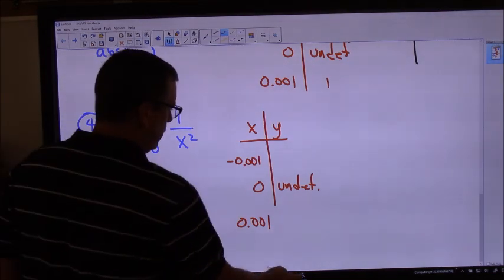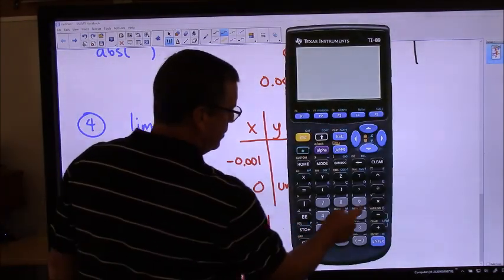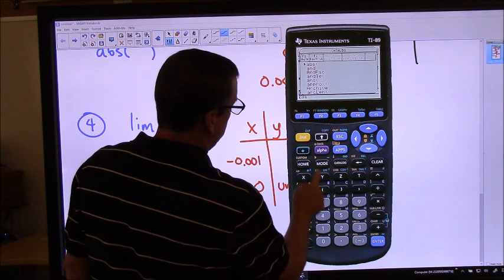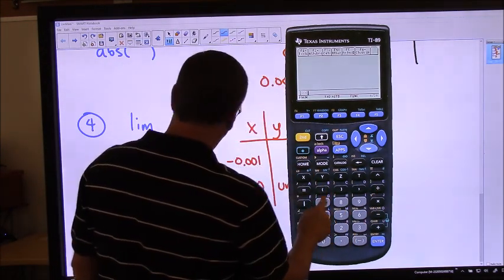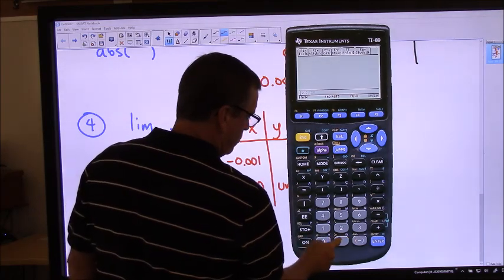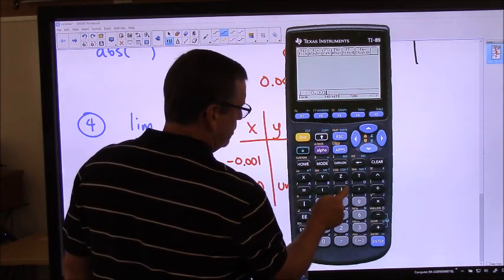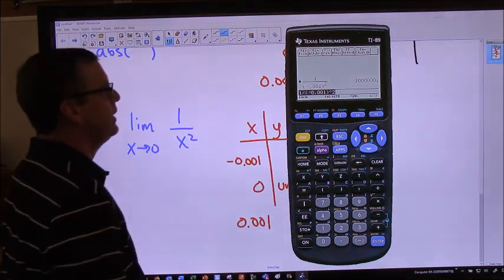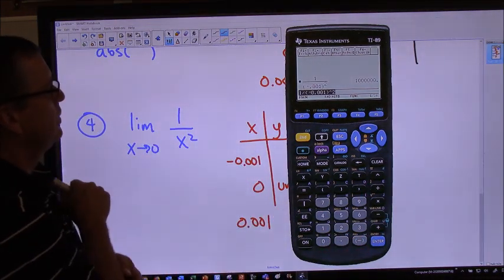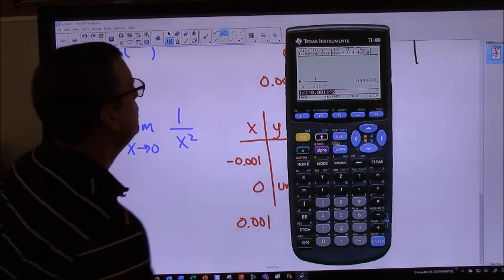So on my calculator, I want to do 1 divided by, in parentheses, a negative 0.001 squared. And I get a number like, what is that, 1,000,000?